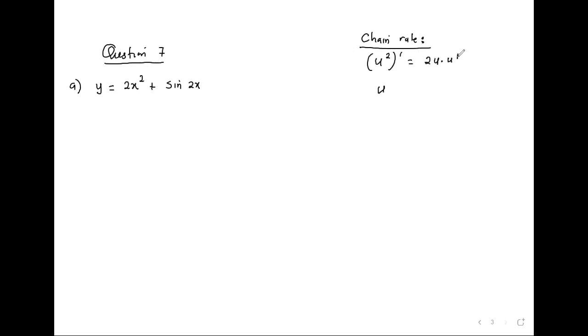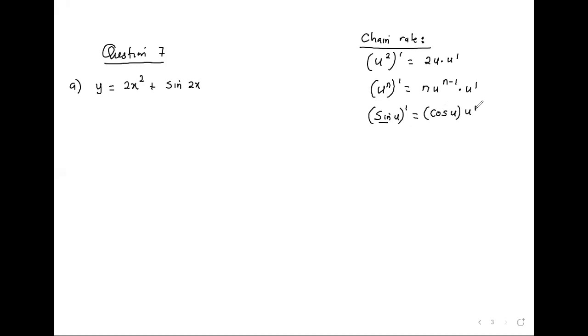So if I'm differentiating u to the power n, the derivative here is going to be n u to the n minus 1 multiplied by u prime. So if I'm differentiating sine u, the derivative here is going to be the derivative of sine, which is cos u, multiplied by the derivative of u.